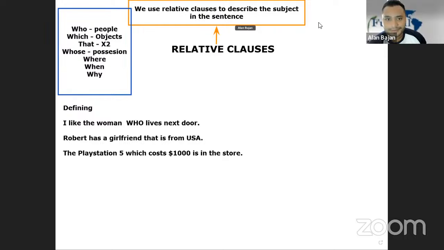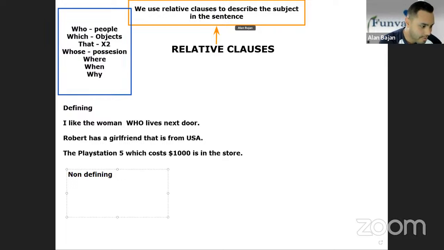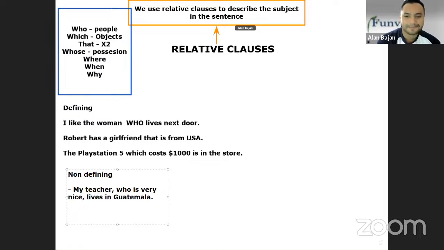That's defining clauses. Non-defining clauses. Let's see some examples here. My teacher, comma, who is very nice, lives in Guatemala.